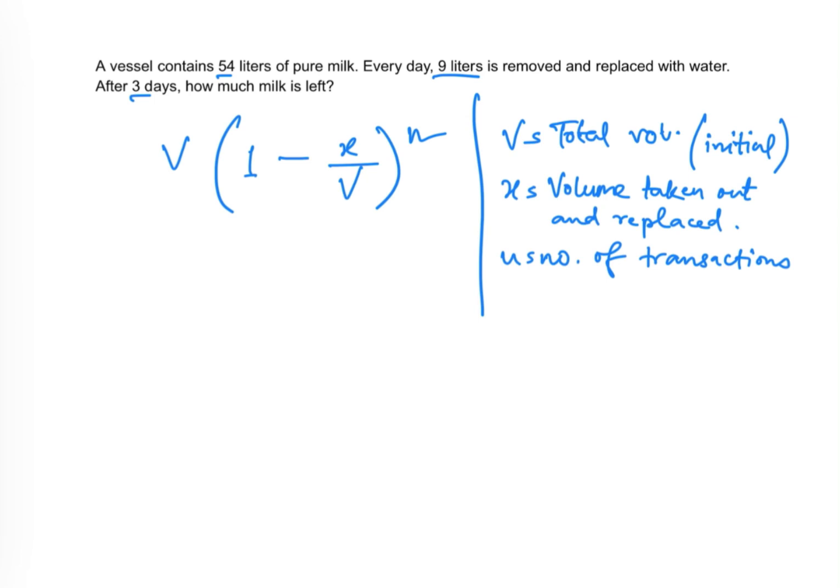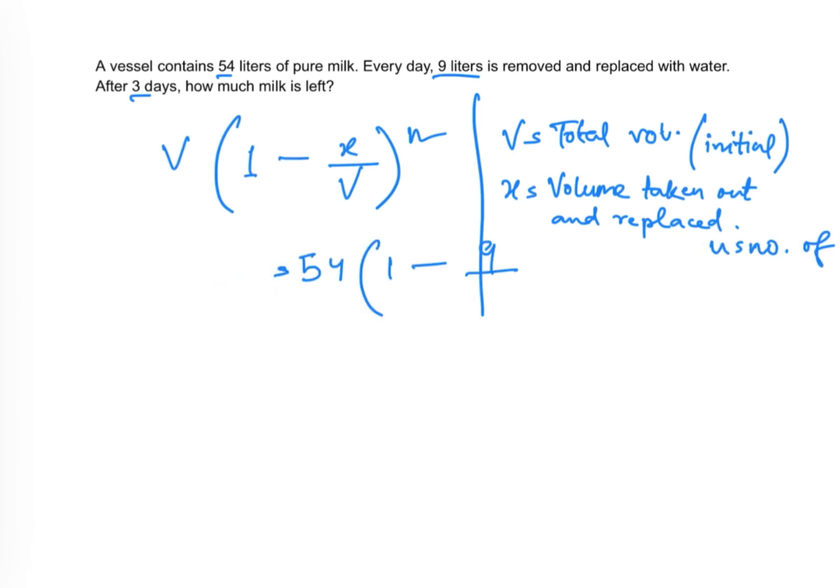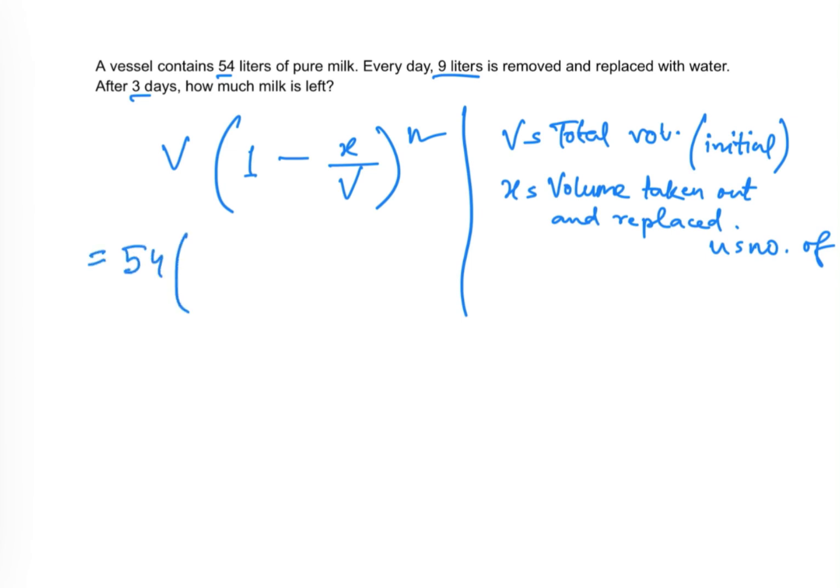V is 54, 1 minus x is 9 by 54 again, n is 3.